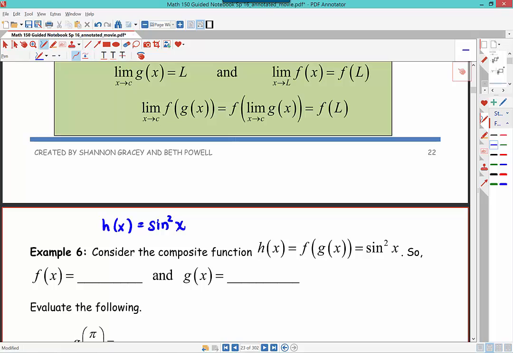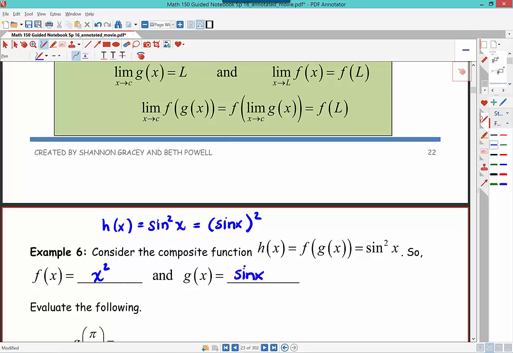Could I rewrite that? Good. It's sine at x multiplied by itself twice, right? Which is denoted like that. So f of x is what? What's the most outside thing going on? Perfect. You've got something being squared. And g of x is that something.